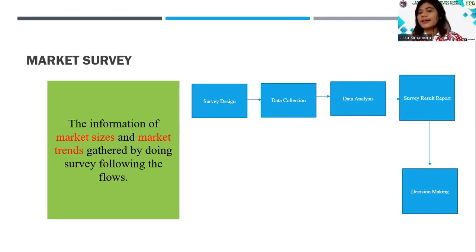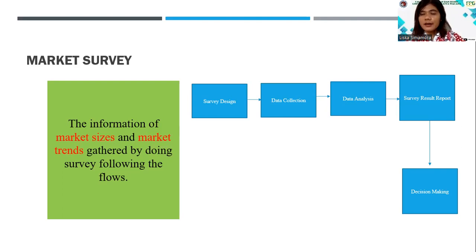And then the analyzed data turns into valuable information. That valuable information should be reported, should be displayed, so other stakeholders, maybe policymakers or businessmen or customers, can read the valuable information.